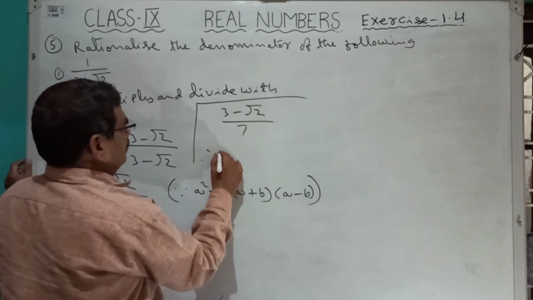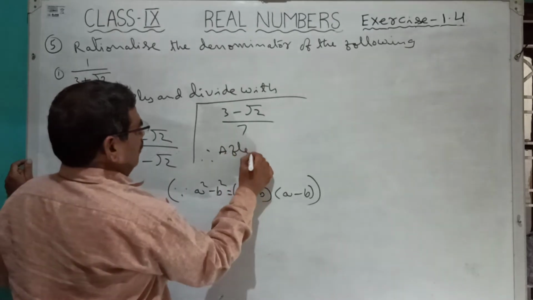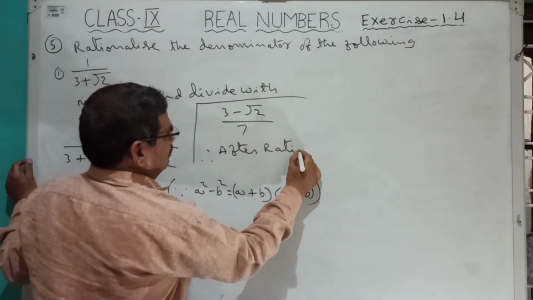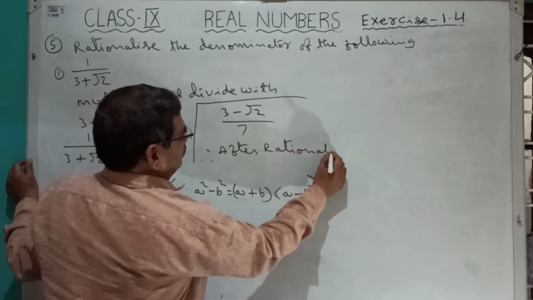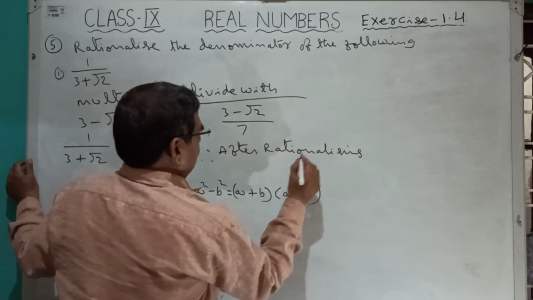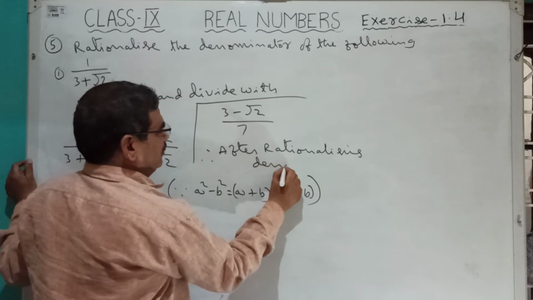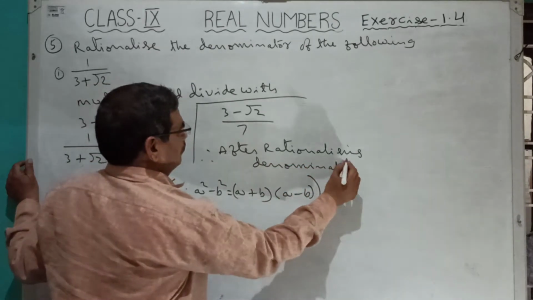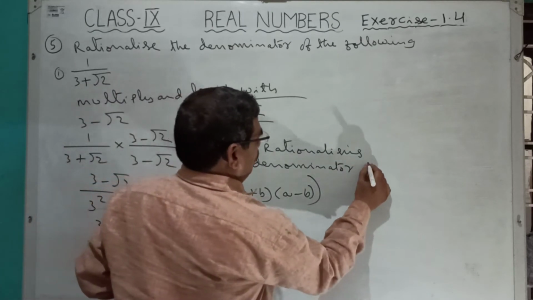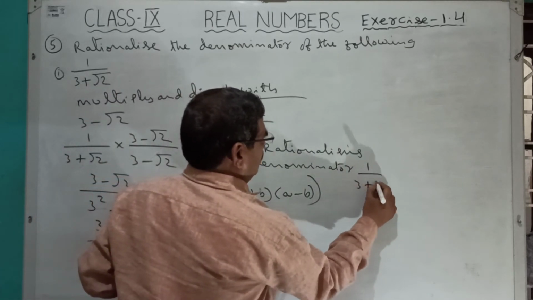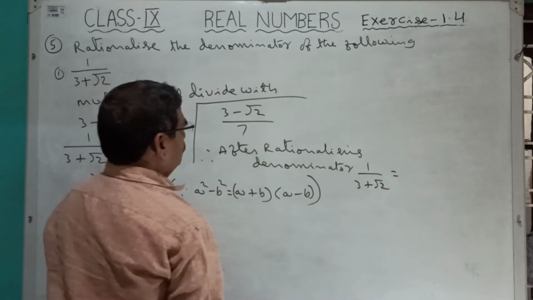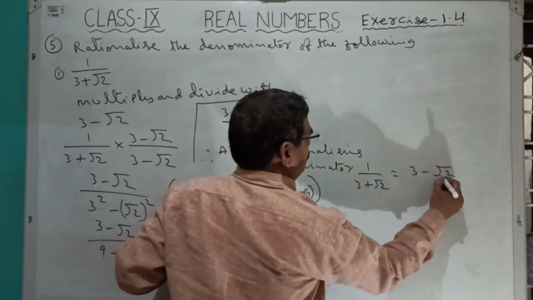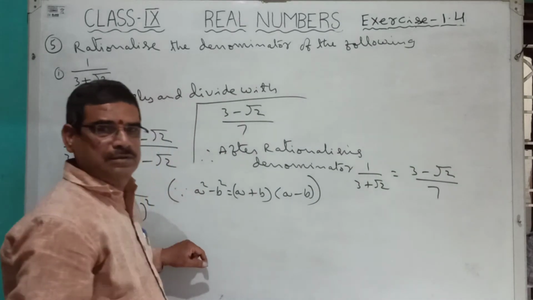Therefore, after rationalizing the denominator, 1 by 3 plus root 2 is equal to 3 minus root 2 by 7. So this is the answer.